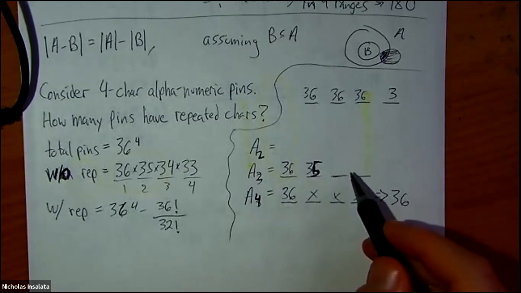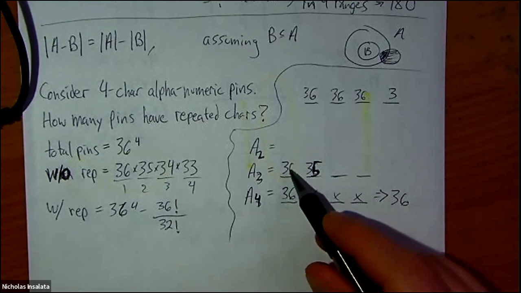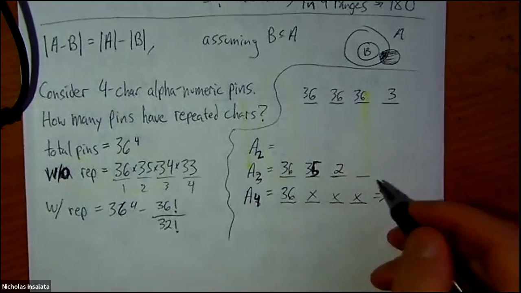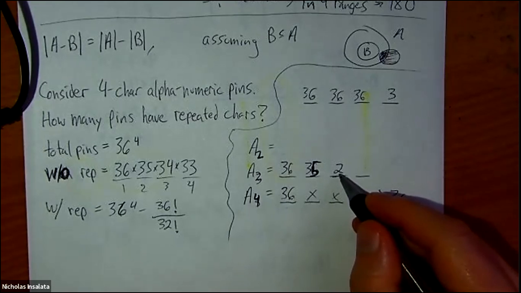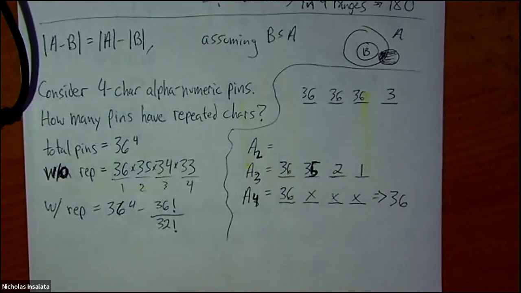And then we also have this one. You could choose to repeat either this one or this one, right? So this one would be a 2. And this one, you have to do the same one that you repeated here. So that would be a 1. Okay, does that make sense?